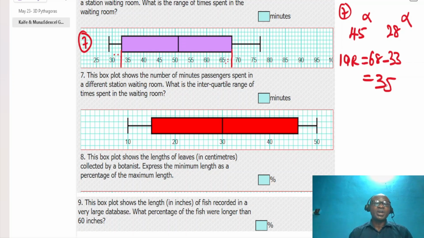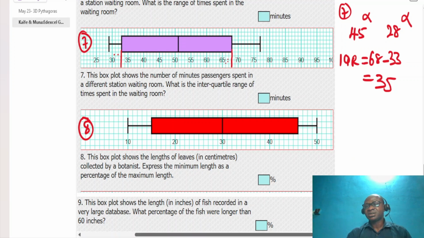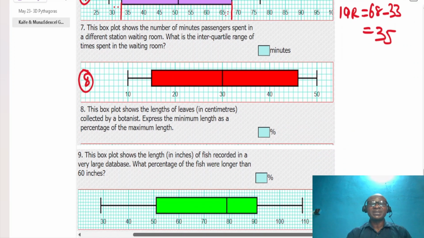I go to number 8. Here is number 8. The question has asked you, express the minimum length as a percentage of the maximum length. Kaife, the question comes to you first. What is your answer to number 8?